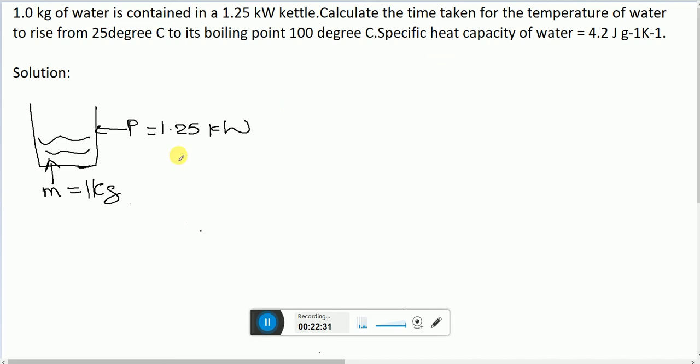They have asked us to calculate the time taken by the temperature of water to rise from 25 degrees centigrade to 100 degrees centigrade. In this case, temperature difference will be equal to 100 minus 25, which is equal to 75 degrees centigrade. Specific heat capacity is already mentioned here as 4.2, and we have to calculate time required.